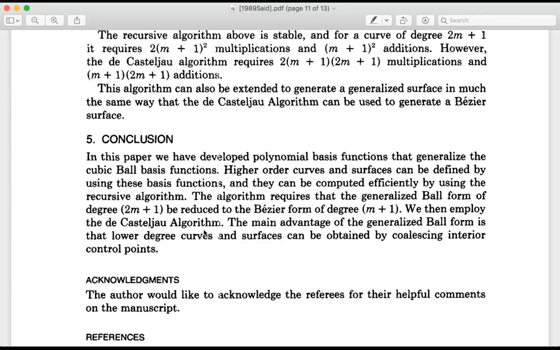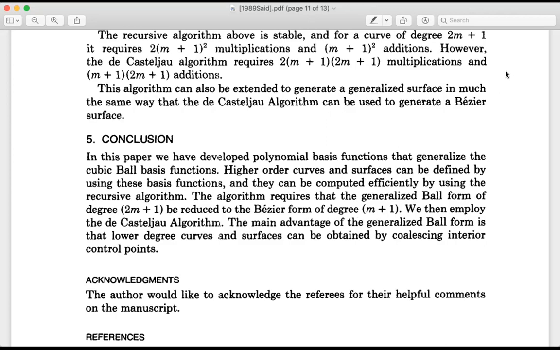So to calculate the points on the Ball curve, you have to calculate only half of the Ball curve, and only half of the Ball curve can be reduced into the Bezier curve of degree m plus 1. Okay, that's quite complicated.